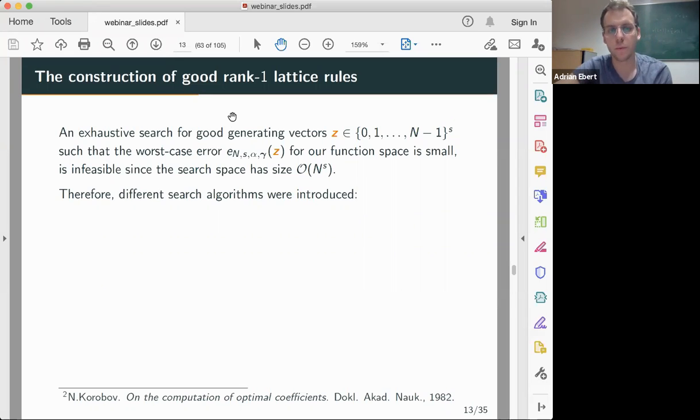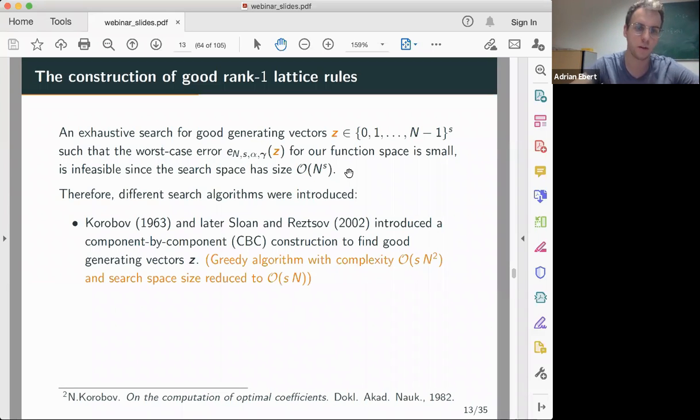What one can immediately see is that if we would carry out an exhaustive search over all possible generating vectors z lying in the set from 0 up to n minus 1 to the power of s, then this would be infeasible, since this search space has cardinality of order n to the power of s, and is therefore depending exponentially on the dimension s.